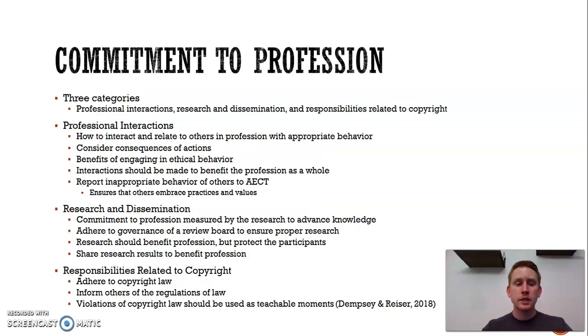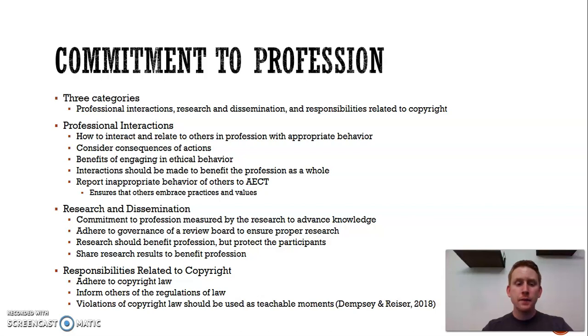Commitment to the profession. There are three categories: professional interactions, research and dissemination, and responsibilities related to copyright. Professional interactions. The Code of Ethics states how to interact and relate to others in the profession with appropriate behavior at all times. One must always consider the consequences of their actions.